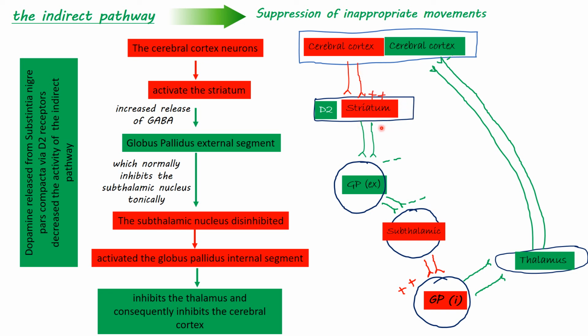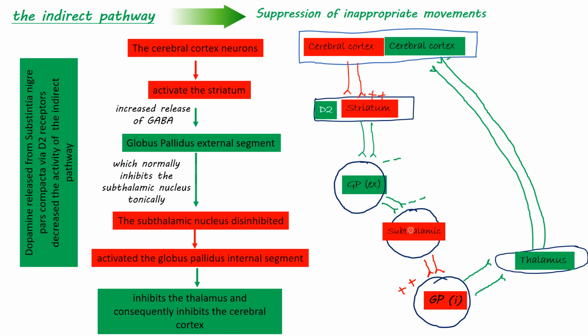The striatum is going to release GABA, and this GABA is inhibitory, but now on the globus pallidus external segment. This will decrease the amount of GABA secreted from the globus pallidus external segment to the subthalamic nucleus.